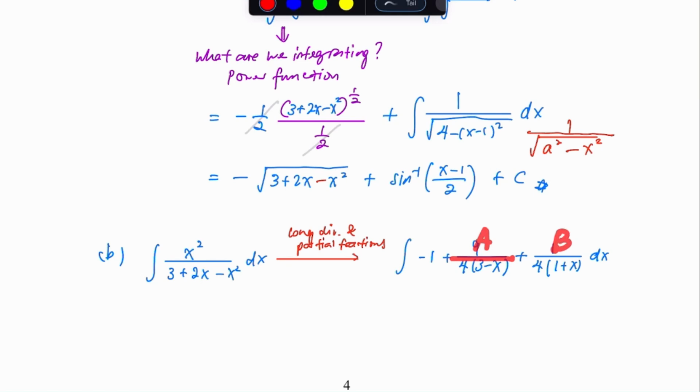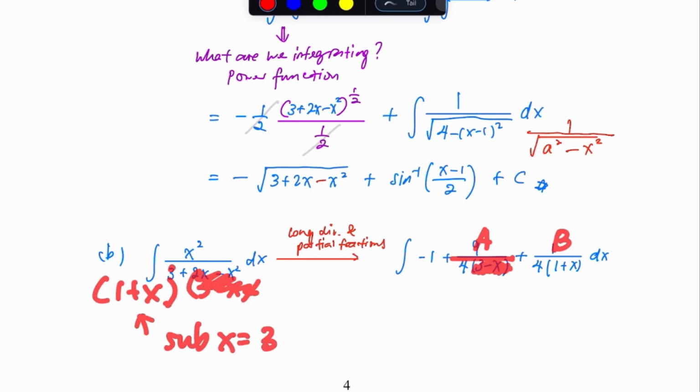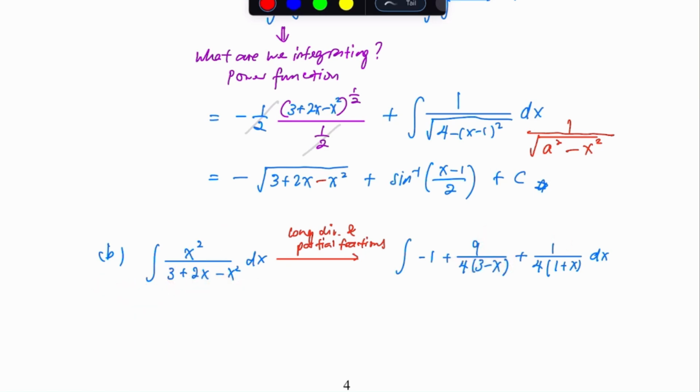If you want to find the value of A, you cover up the 3 minus x over here, and you get 1 plus x. Then you substitute x equals 3 over here, and you should get 9 over 4. Because what we are doing over here is the cover up rule method.